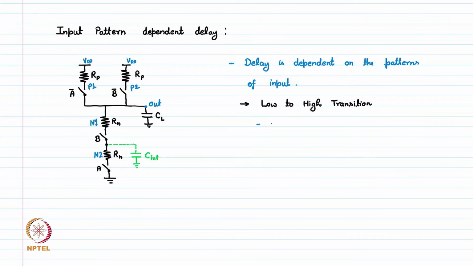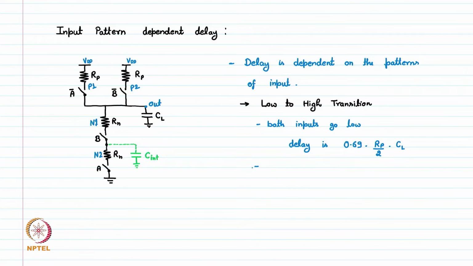So for this case, when both inputs go low, the delay is 0.69 times Rp upon 2 into CL, the load capacitance.